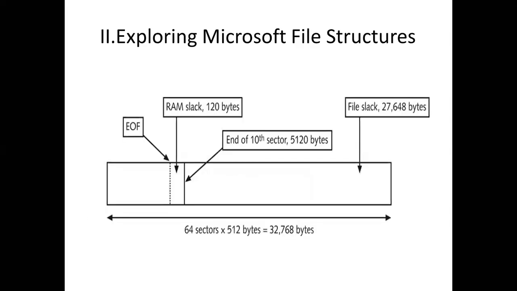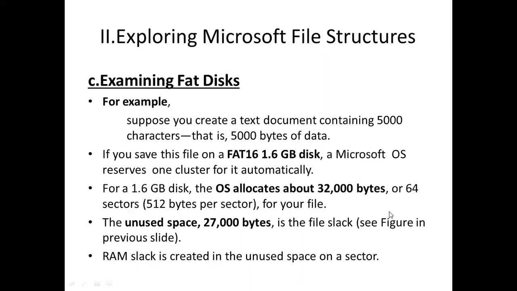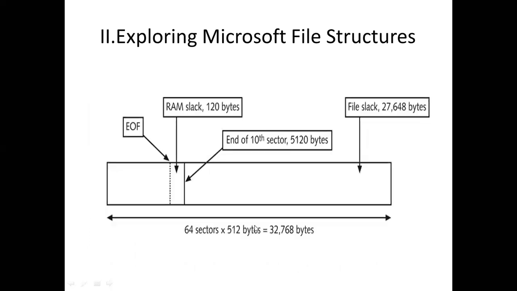That is what we saw in this diagram, 64 into 512 for the entire 1.6 GB of data. Now, if you see, there is some left out space, which says 27,000 bytes. Are you able to see? There is some left out space here, which says that there are 27,000 bytes of file slack. Slack always means unused space.